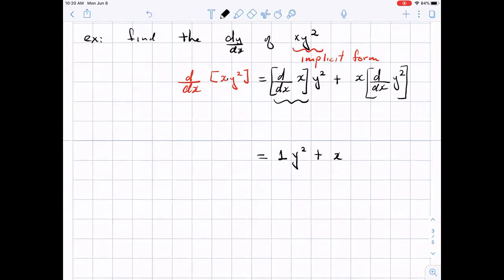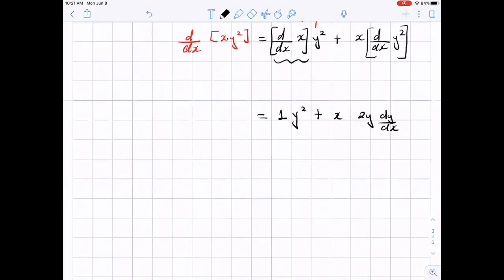So this becomes x times 2y dy dx. If we simplify this, this will be y squared plus 2xy dy dx.